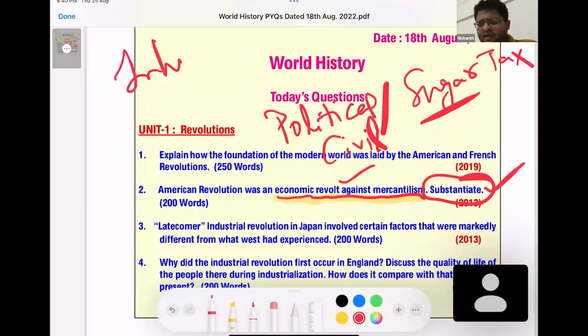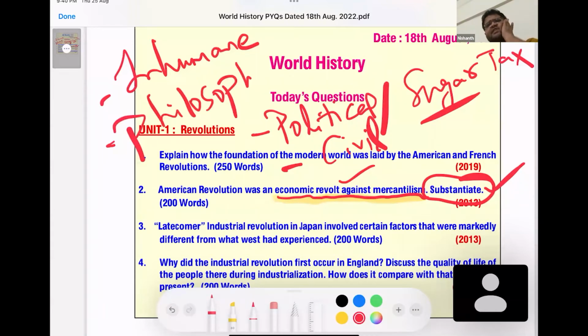All these things together, and then the philosophers. These are the other factors. The philosophers created awareness.